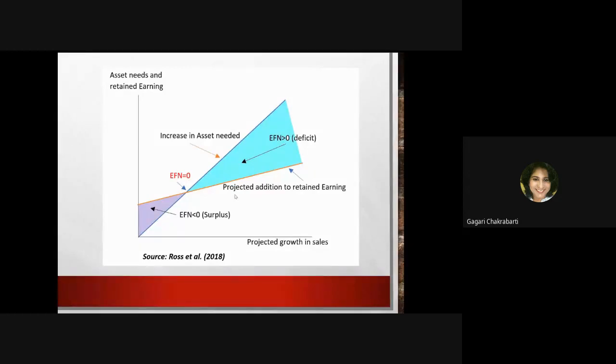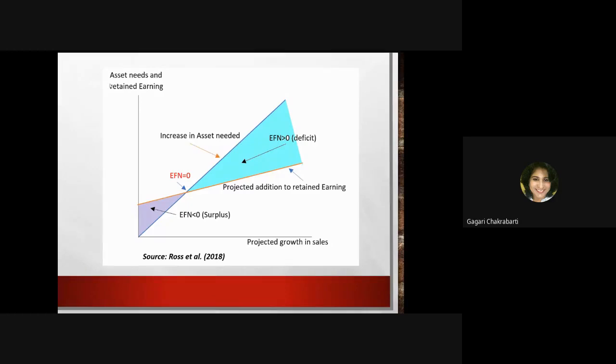This is the projected addition to the retained earning. Why is this retained earning important? This diagram is once again from Ross et al., the 11th edition, 2018 version. The projected growth in sales is shown on the horizontal axis, and the assets needed and the retained earning are shown on the vertical axis.